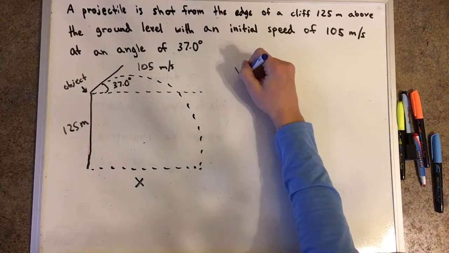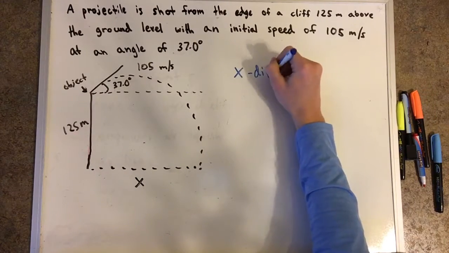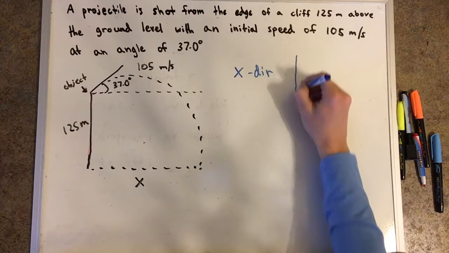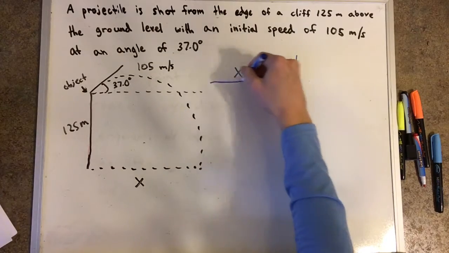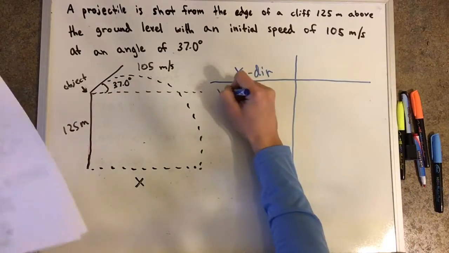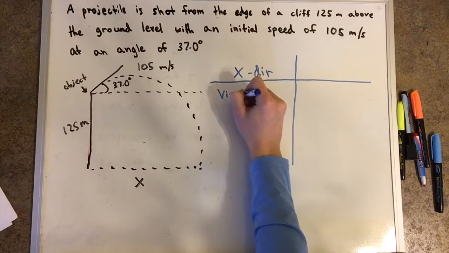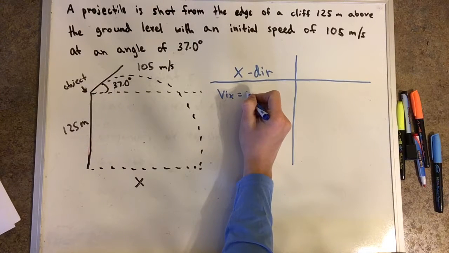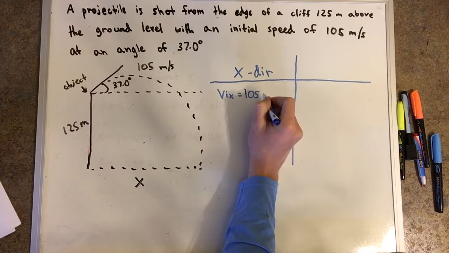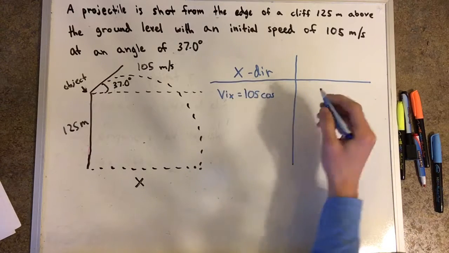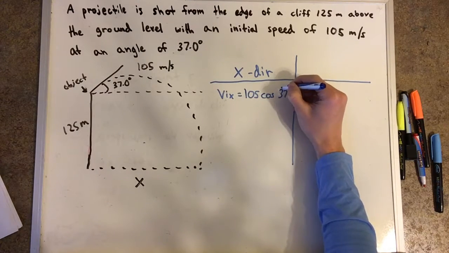X direction. Vix equals 105 cosine 37 degrees.